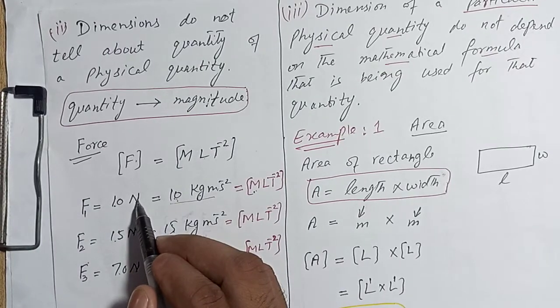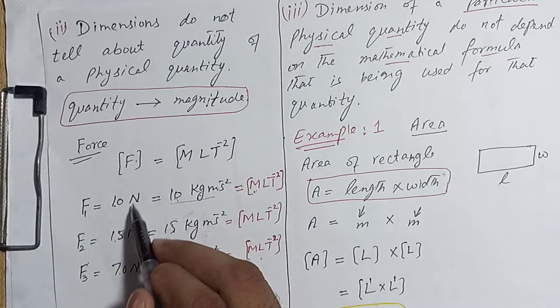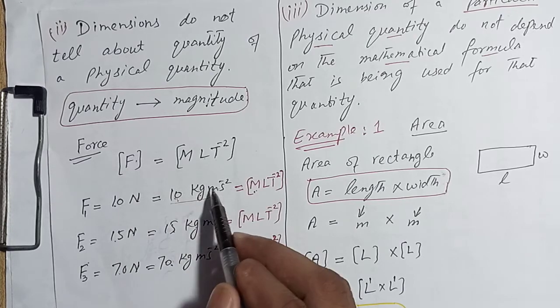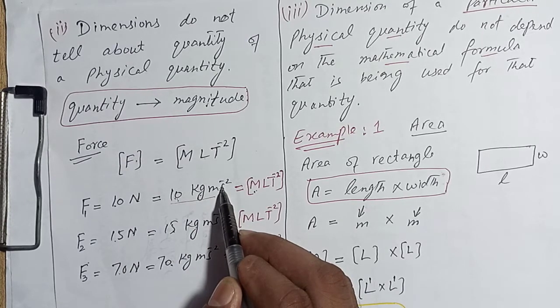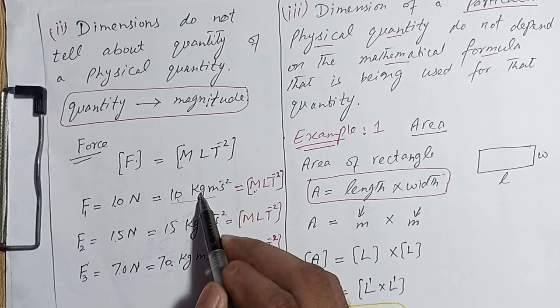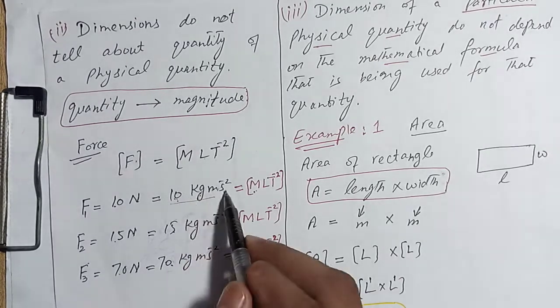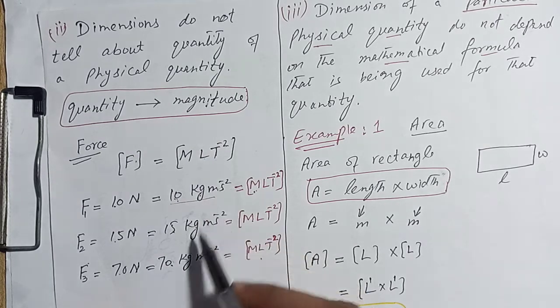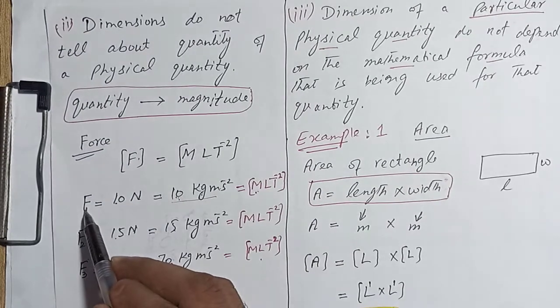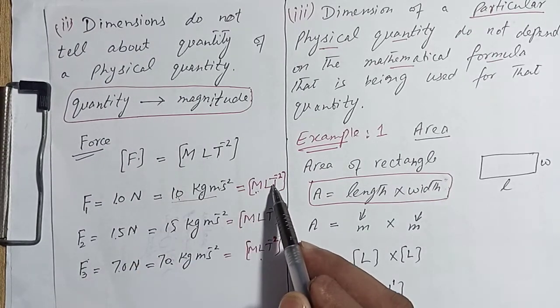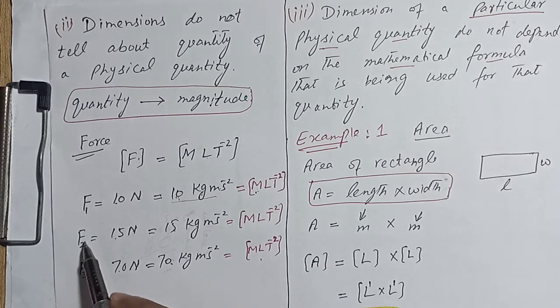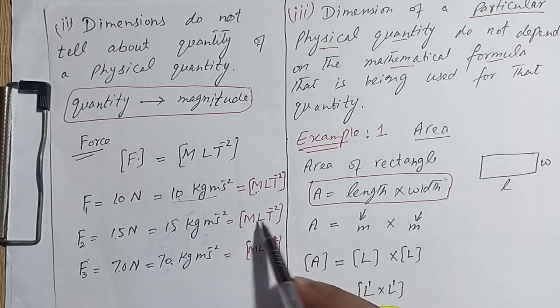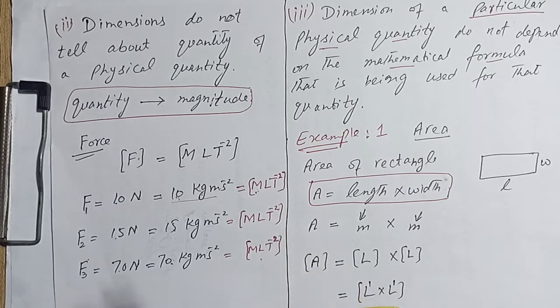Newton is the symbol of its SI unit, and newton is written as kilogram meter per second square in terms of base units. And these units tell us that force consists of mass, length, and time. The dimensional formula of force F1 is MLT minus 2. For F2, the dimensional formula is MLT to the power minus 2. And for F3 also the dimensions are MLT to the power minus 2.